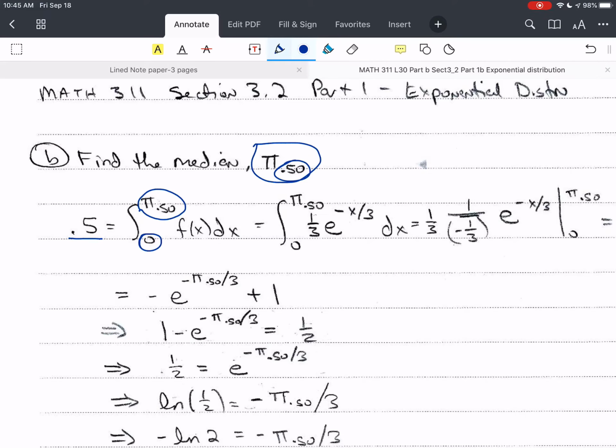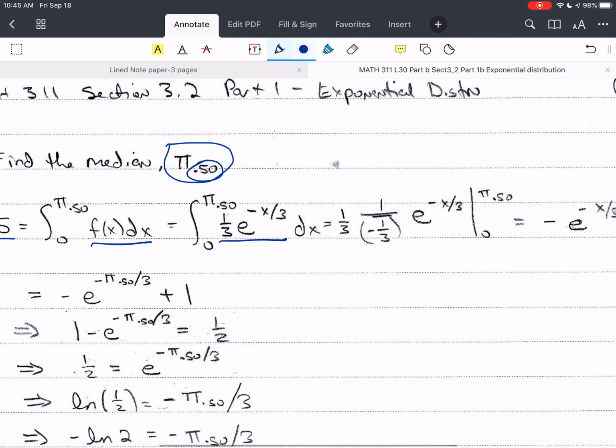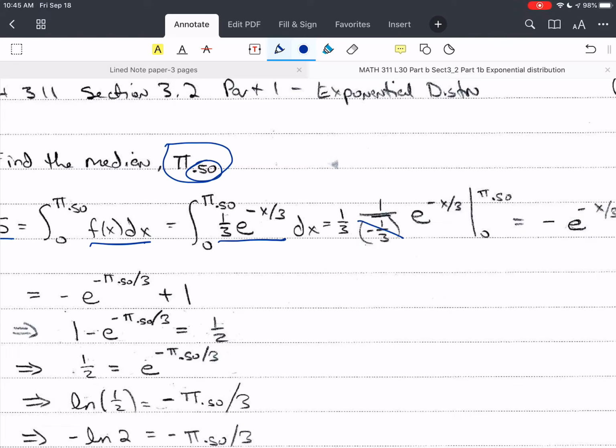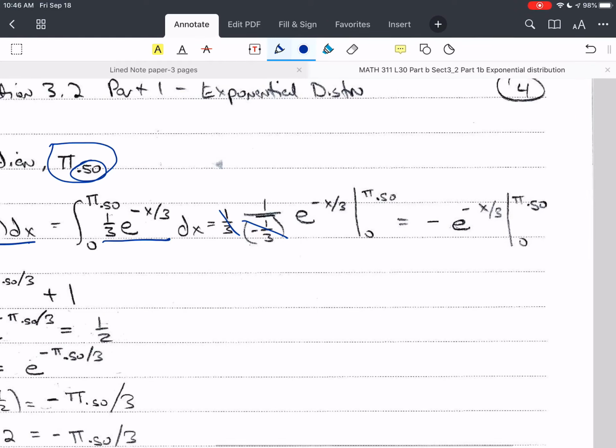Okay, so this is going to be general terms here, the integral from 0 to pi sub 0.5 of f of x dx. Now I'm going to substitute in for f of x. We have 1/3 e to the negative x over 3. And I take the integral, and the 1/3 here cancels with the 1/3 here. It's still negative, but it's left here, negative e to the negative x over 3.